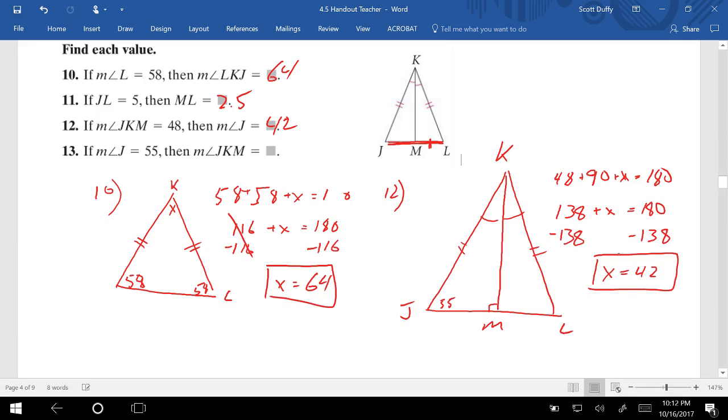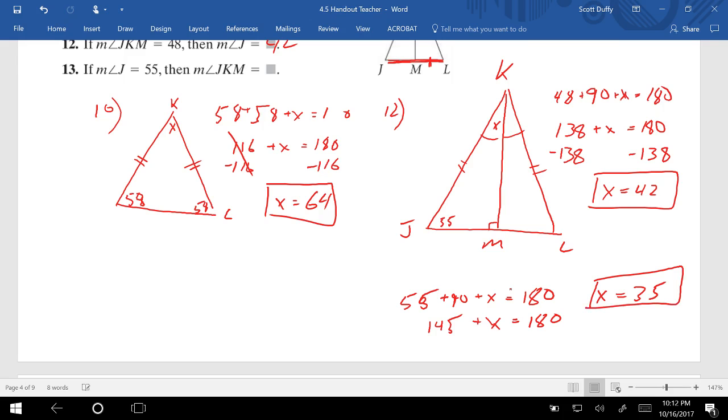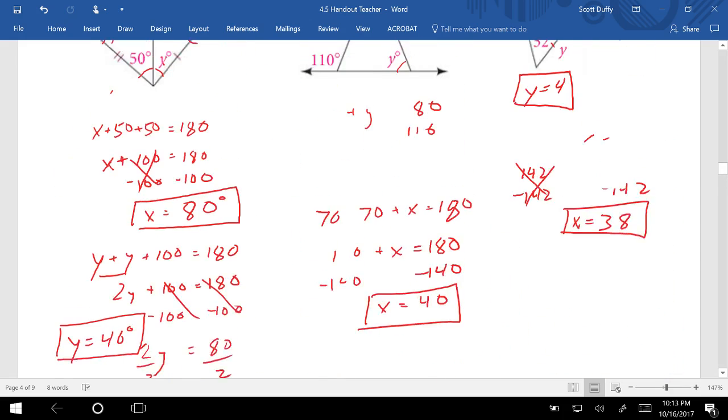We still know this is 90, so I'm just going to use the same drawing from 12 to say that 55 plus 90 plus, we'll say this is the unknown x, equals 180. 55 and 90 is 145 plus x equals 180. Subtract 145 from both sides and you get x equals 35. And that is it for that page.